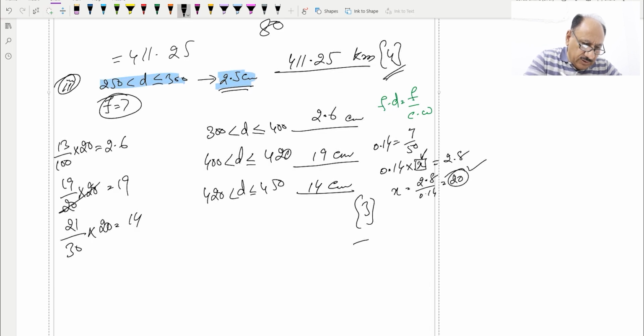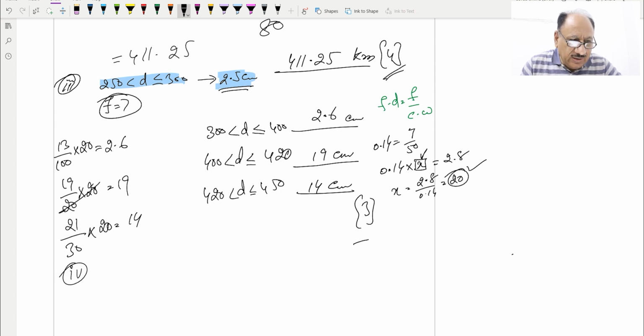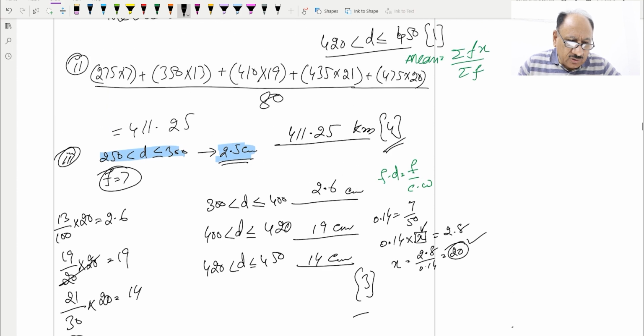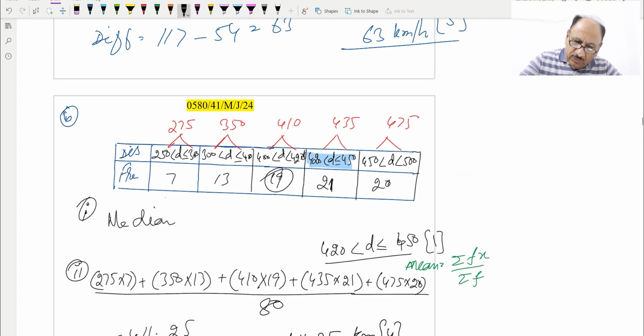The fourth part says: 2 of the 80 cars are chosen at random. Find the probability that with a full tank of fuel, one of the cars can travel more than 450 kilometers. More than 450 kilometers is only this one, which is 20 cars.